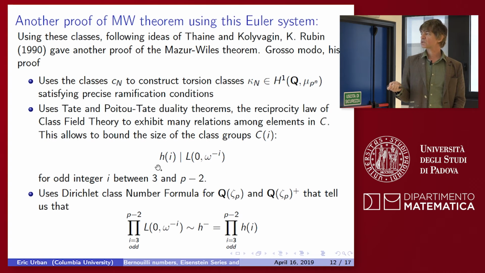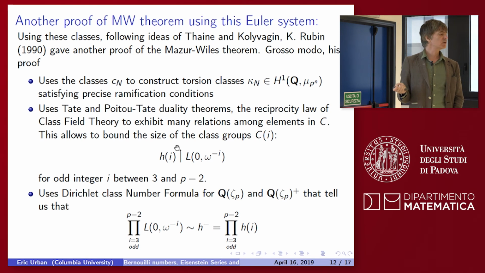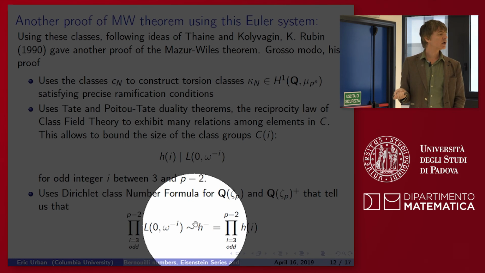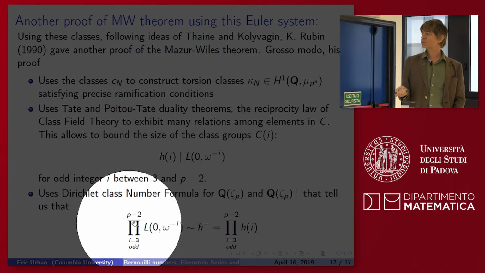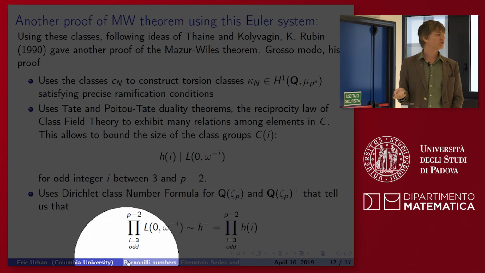So in other words, if you use this technique and the Mazur-Wiles technique, you can prove the theorem without using the class number formula, which is here. And this is quite important because the class number formula is really something that is known only for number fields.